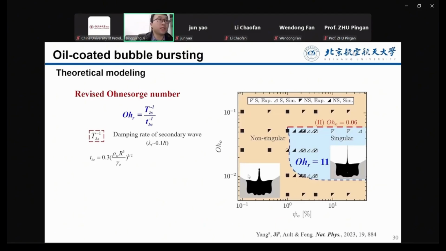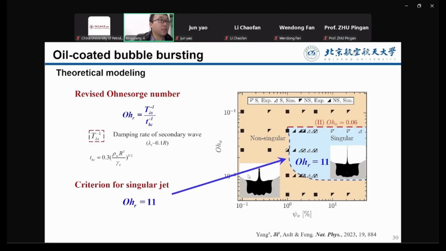So since we can calculate the damping rate of the secondary wave numerically, we can define a revised Ohnesorge number here. It compares the damping rate of the secondary wave and the collapse rate of the cavity.